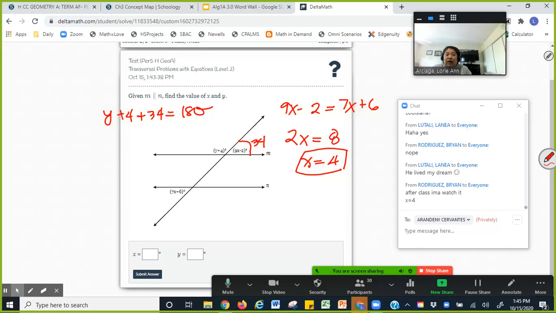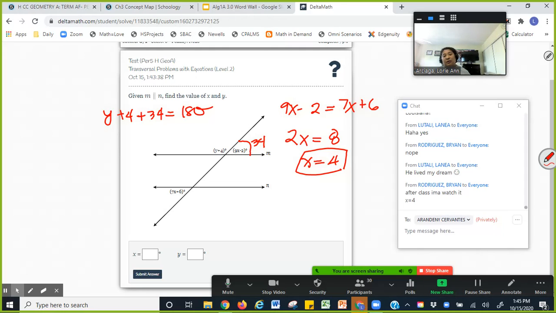So what should y be equal to? Anybody who got y?